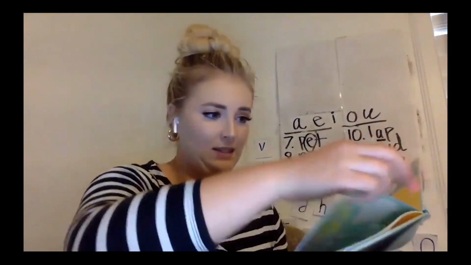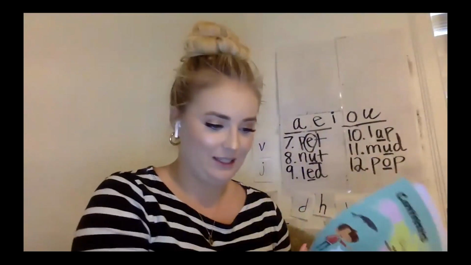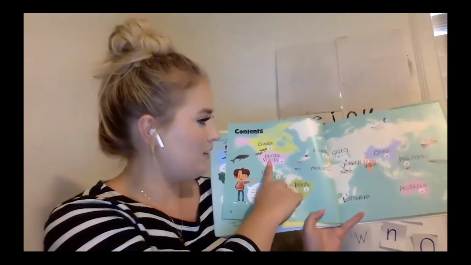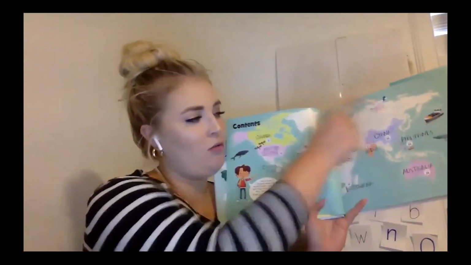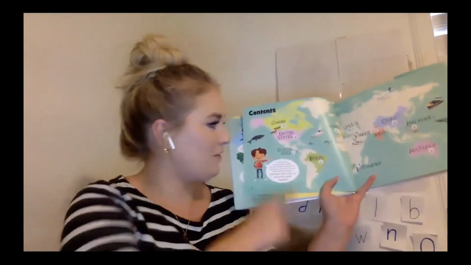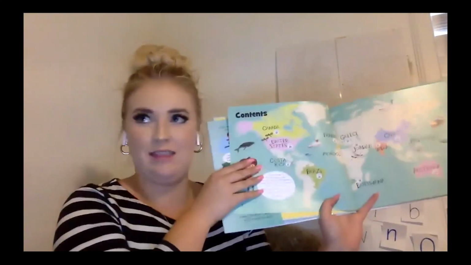He went to the UK. And I'll show you one more time. The UK is very far away from the US, which is where we live, the United States. So here we are in the United States, and the UK is all the way over here. So you have to take a boat or plane to get there. Okay.